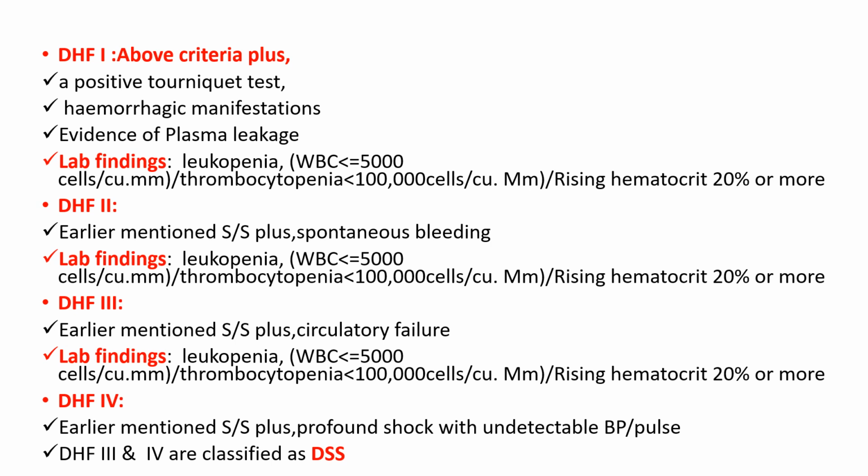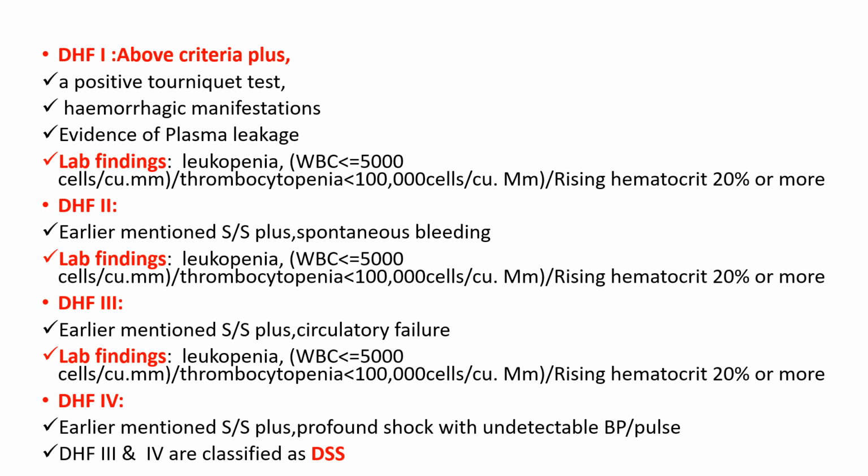And if along with all these there is circulatory failure as well, then it is called dengue hemorrhagic fever type 3. And in dengue hemorrhagic fever type 4, the earlier mentioned signs and symptoms are there along with profound shock with almost undetectable blood pressure and pulse.